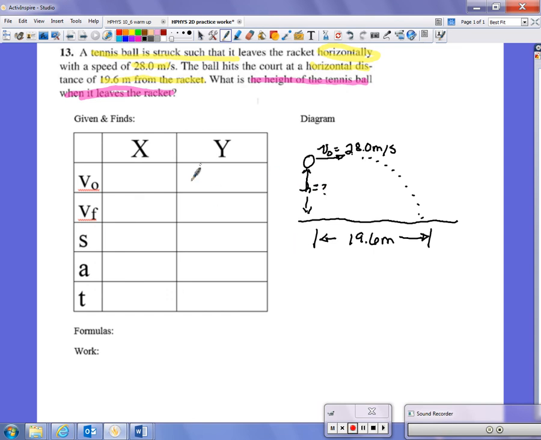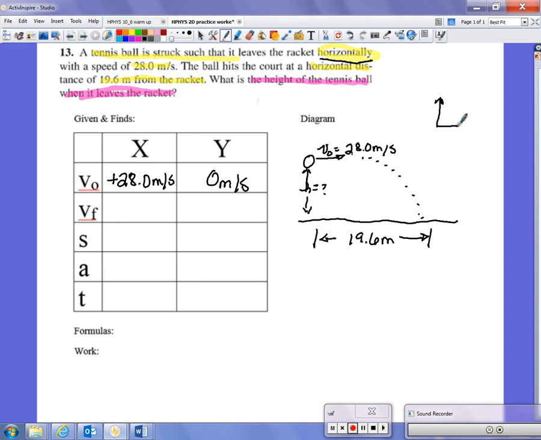Alright, so now I can start filling in my table. We know that my initial velocity in the y direction is 0 meters per second. It's hit horizontally. This tells me there's no vertical component of that initial velocity vector. It's purely horizontal. So this is plus 28 meters per second based on the way I've set it up in a standard reference frame.